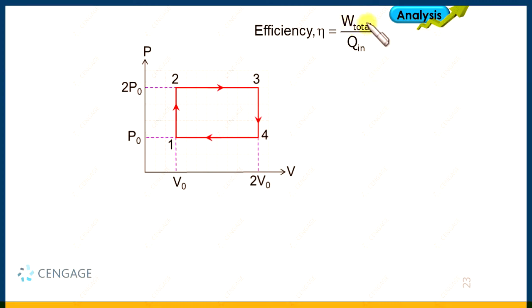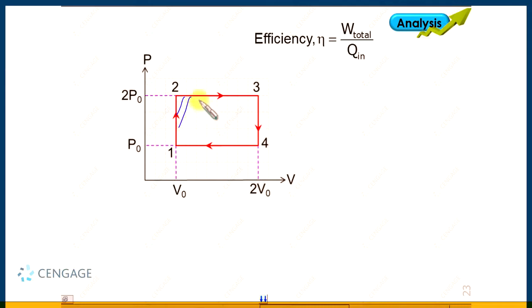Calculating W total is easy in this PV diagram, because in a cyclic process on a PV diagram, work done equals the area enclosed. If we are able to calculate this area, we can find W total. This is a clockwise cyclic process, and a clockwise cyclic process always has positive work done.